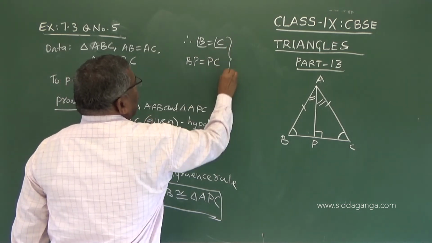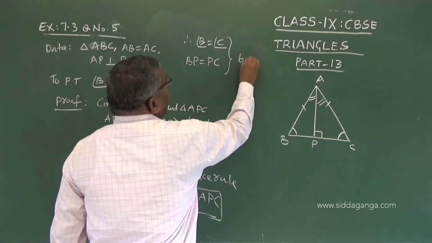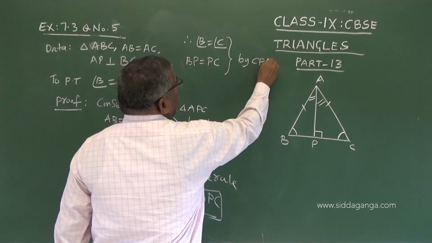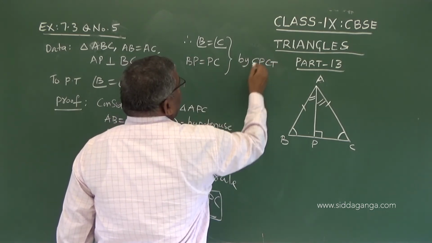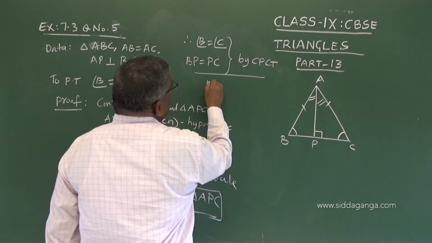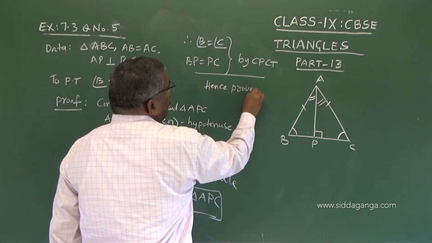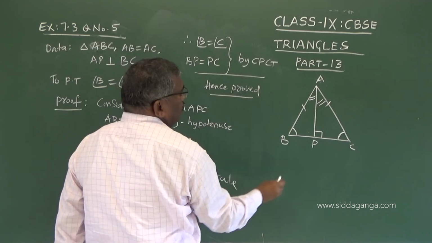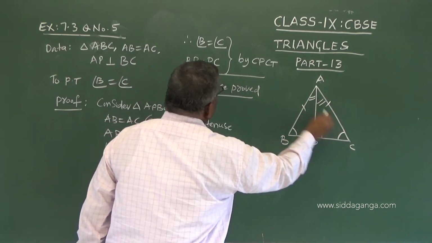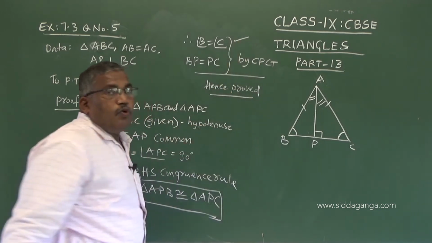So therefore, by CPCT, corresponding parts of congruent triangles. So hence proved. What was asked to prove? We are supposed to prove angle B equals angle C. That we have proved.